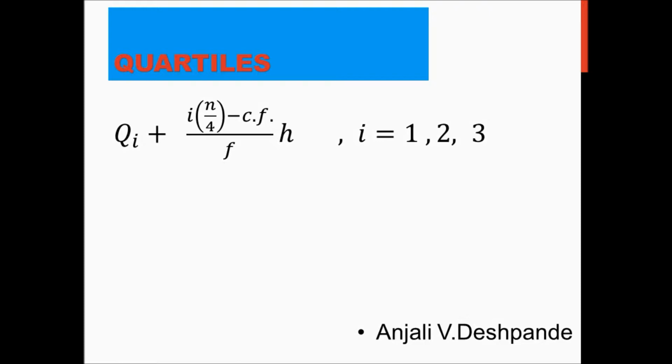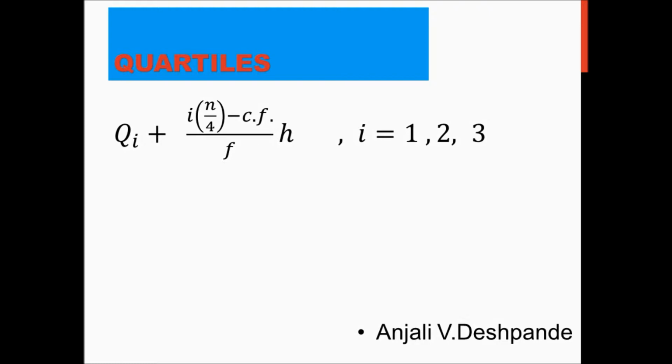The generalized formula for calculating the quartiles in the case of grouped data is given here on the screen. Here CF is once again the cumulative frequency prior to the quartile class interval, L is the lower limit of the quartile class interval, F is the frequency of the quartile class interval, and H is of course the width of the class interval.